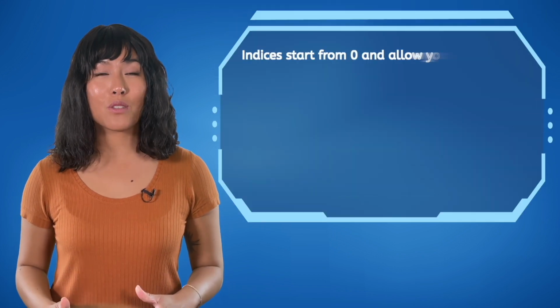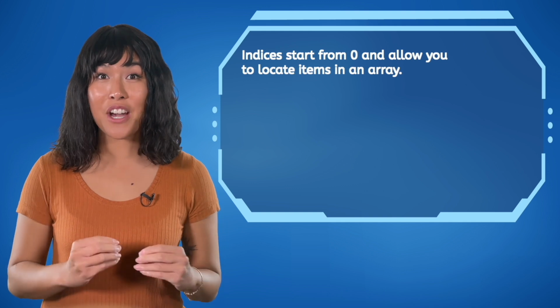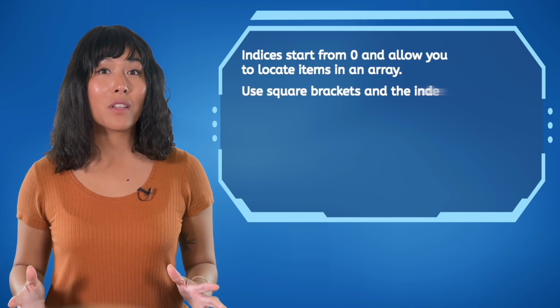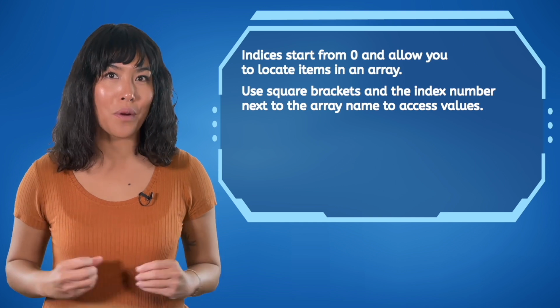As we return from our cosmic journey through the world of arrays and indexing, I trust you've gathered invaluable knowledge about these fundamental concepts. Indices start from 0 and allow you to locate specific items within an array. We can access the values within the array by using its index value enclosed in square brackets.